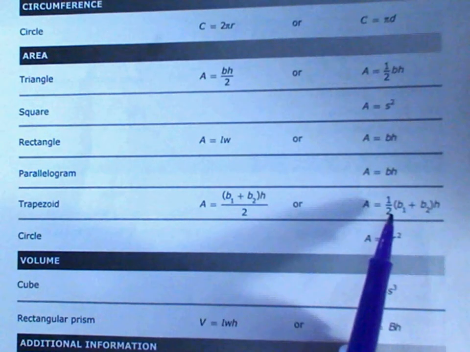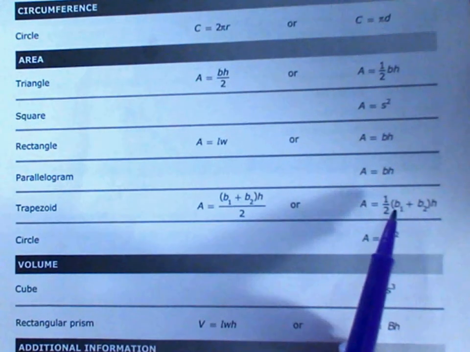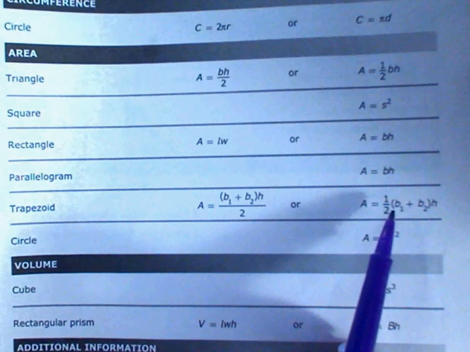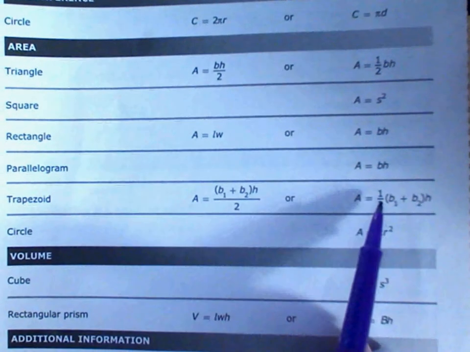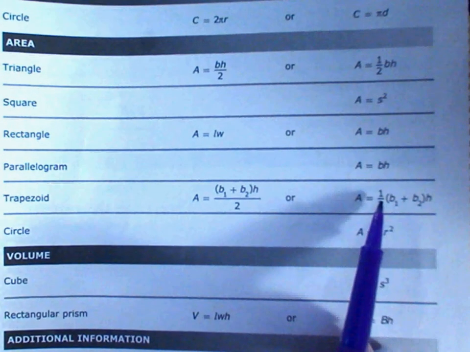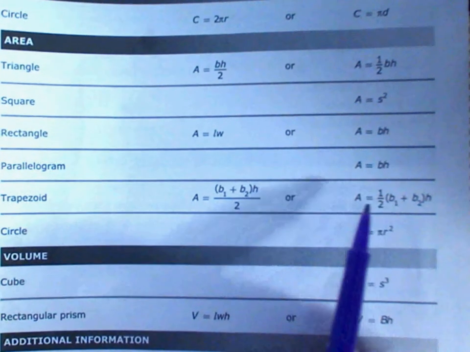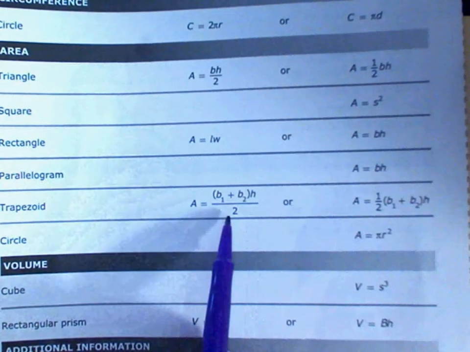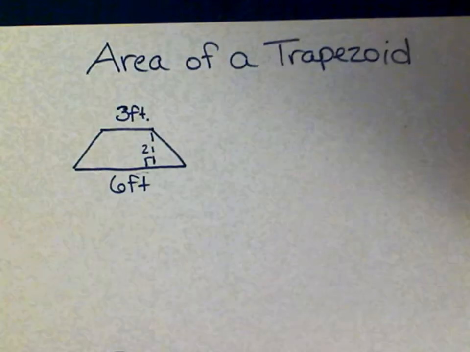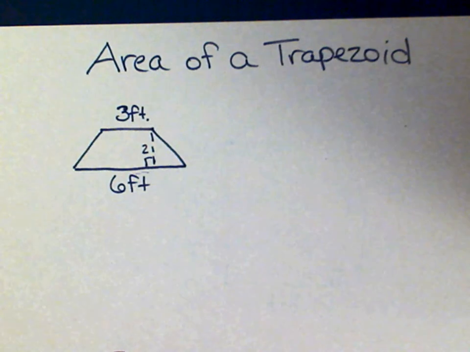Just like triangle, those two different formulas are actually the same thing, they just look a little different. This one is dividing by 2, this one is multiplying by a half. When we multiply by a half, it's basically dividing by 2. So let's use this one first, and we'll show both ways.